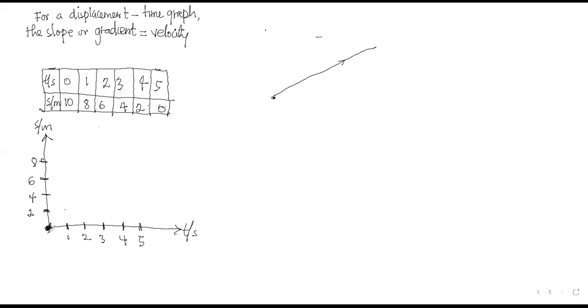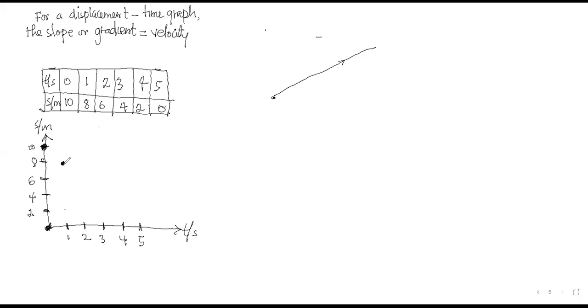Now let's plot this one. At t is equal to 0, the distance covered is 10. So the body is here at t is equal to 0. At t is equal to 1 second, the distance covered is 8.